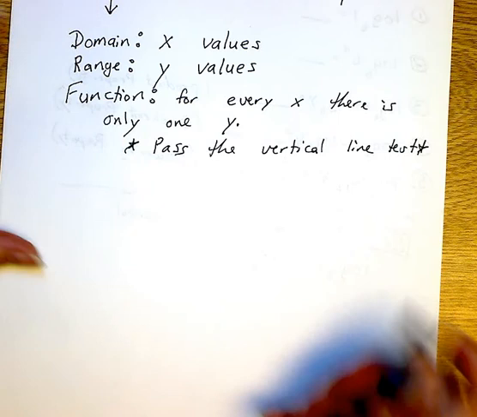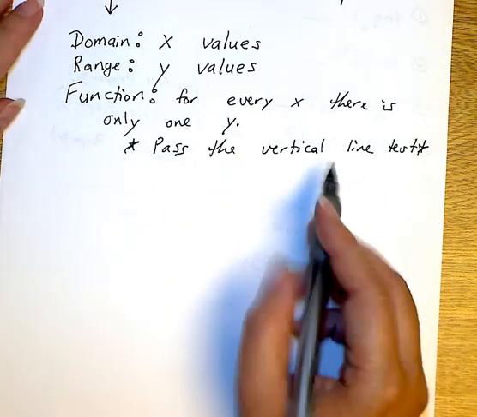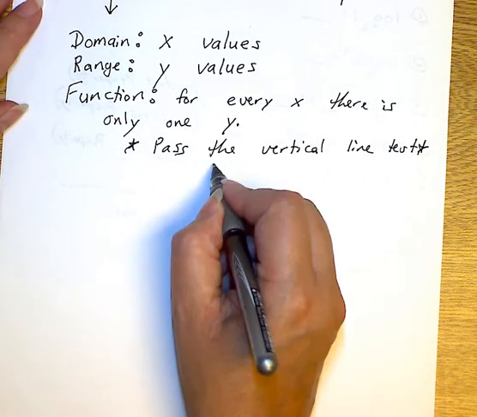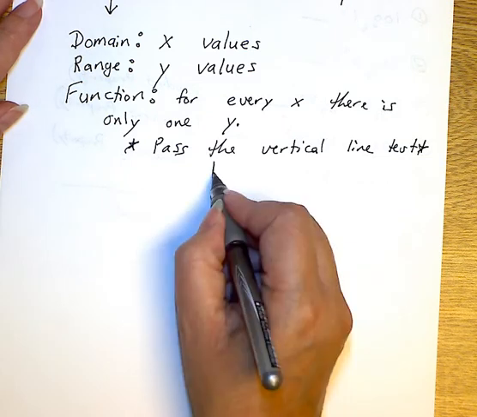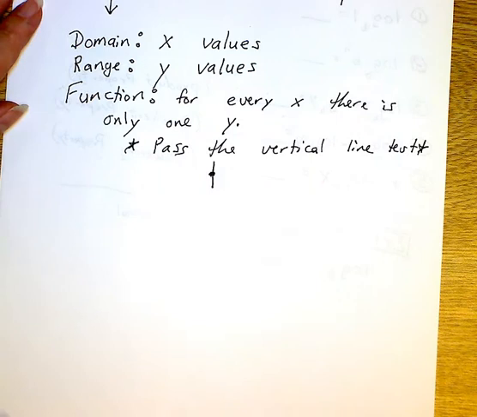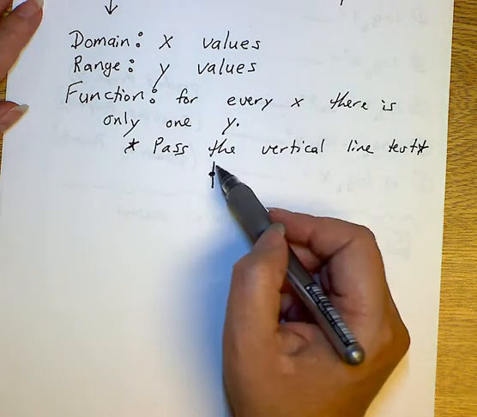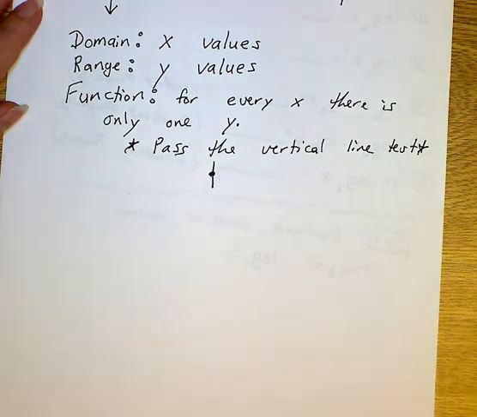What the vertical line test is, you literally draw a vertical line and it only can hit the graph one time. If you draw a vertical line and it only hits the graph one time, it passes the test. If it hits more than one time, it fails the test and it's not a function.